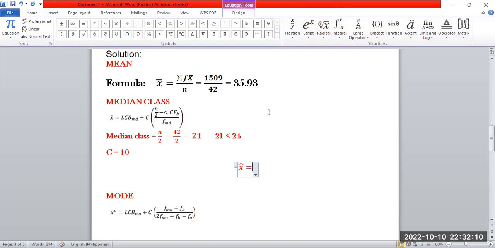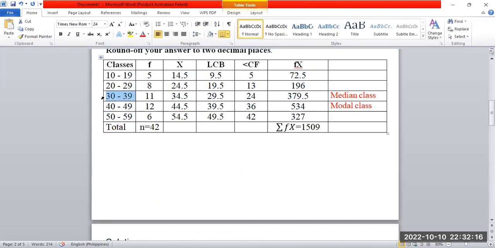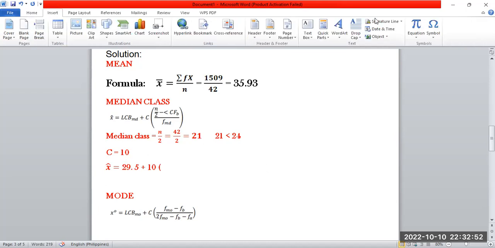Balik tayo sa table. Ito yung median class natin, this row. Asan yung katapat ni median class? Ayun, 29.5. So our lower class boundary of the median class is 29.5 plus our C, which is equal to 10, times, pag may parentheses ha, then insert tayo ng equation.